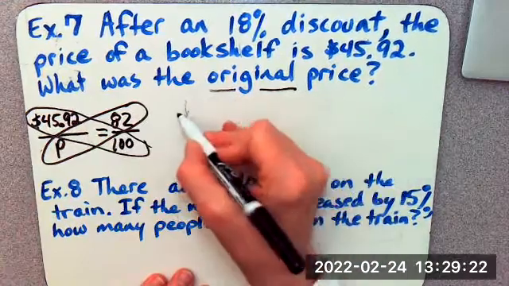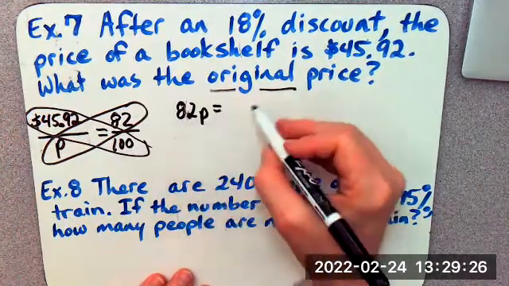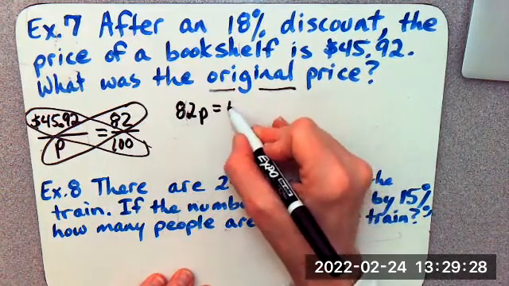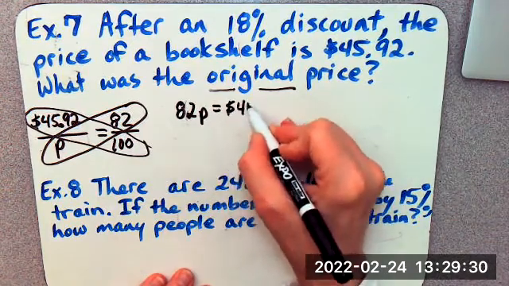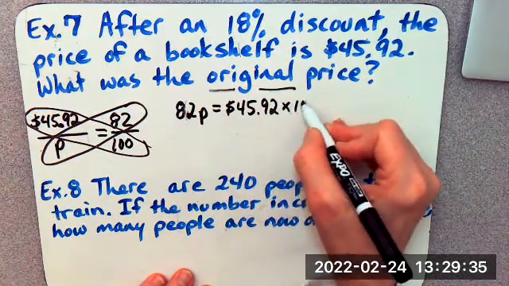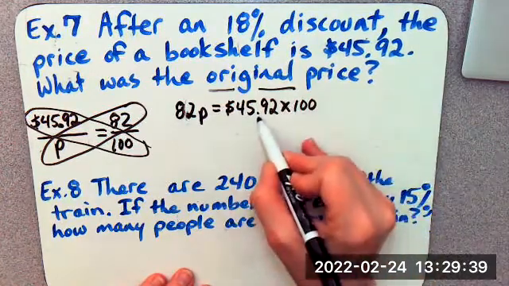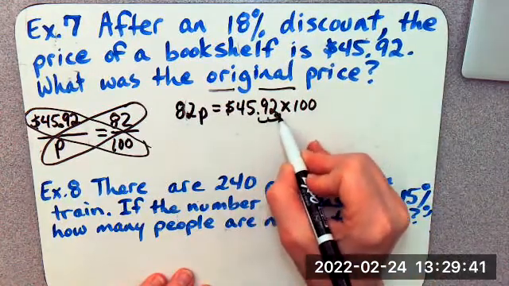So we have 82P equals $45.92 times 100. Well, when we multiply by 100, that moves this decimal 2 spots.